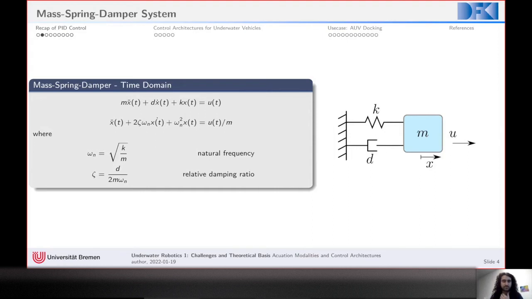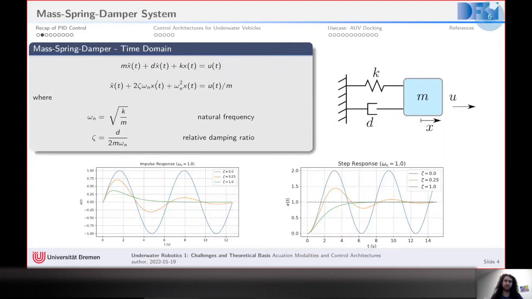All right, this is what I'm just talking about. If I take an impulse, let's assume that this frequency is 1, so that's like 2 pi. Then we can design it. We can choose the mass and the constant of the spring accordingly. Here, what I'm trying to do is play around a little bit with the relative damping ratio.